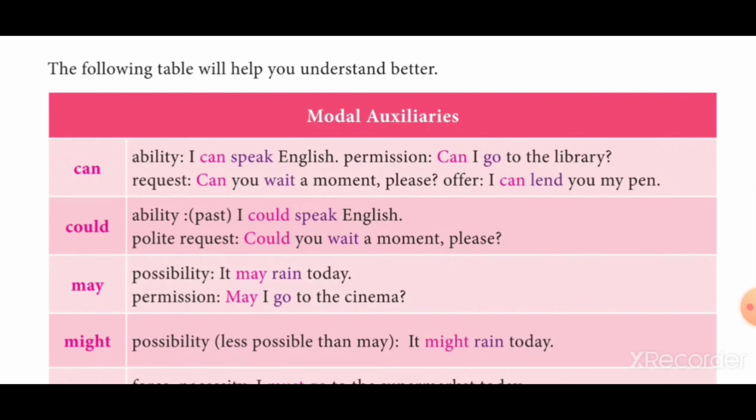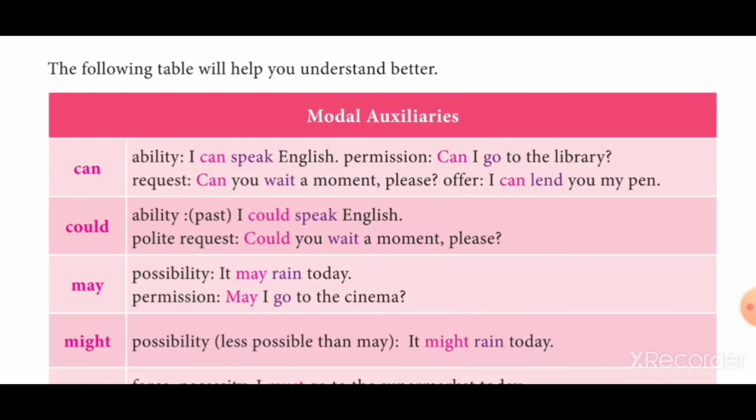And to ask permission, the sentence is, can I go to the library? And to make a request, the example is, can you wait a moment please? And to offer something to somebody, you just say, I can lend you my pen.